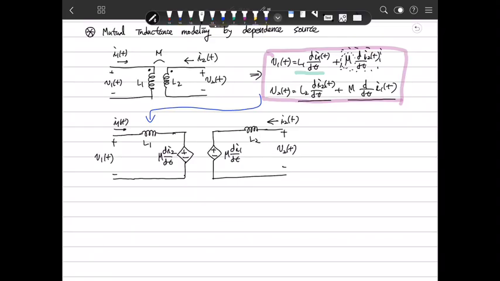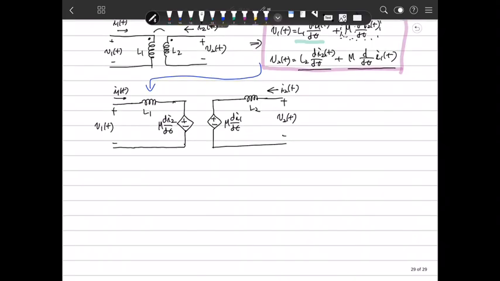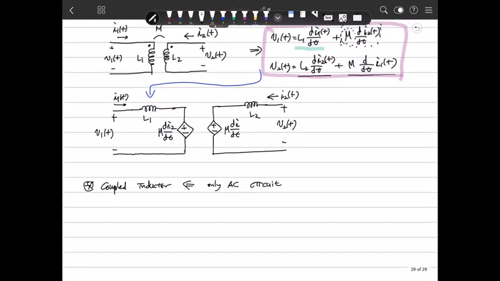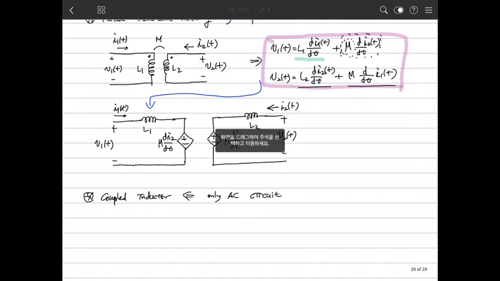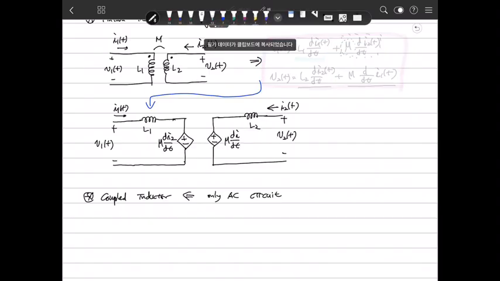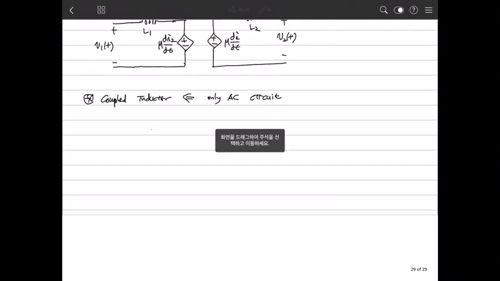The voltage is induced by the flux variations, so the voltage should be varying. So the coupled inductor operates only in AC circuits. So we can rewrite here, if we have the relationship as voltage and current.